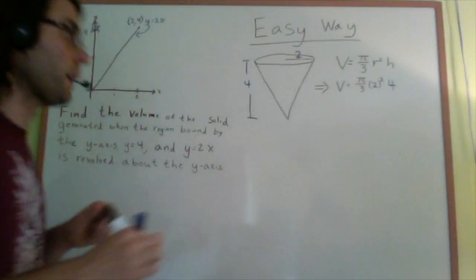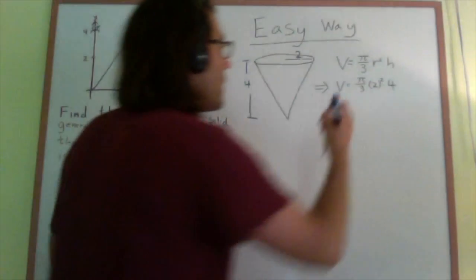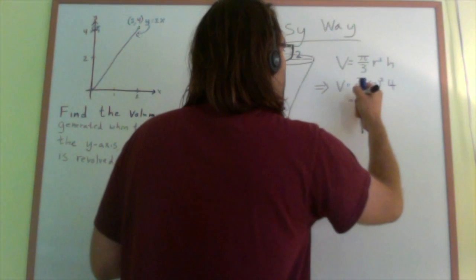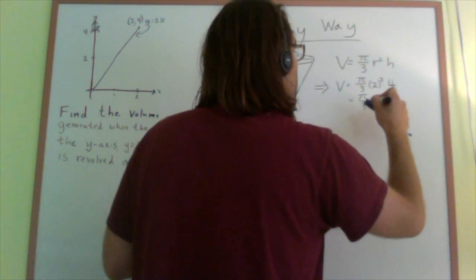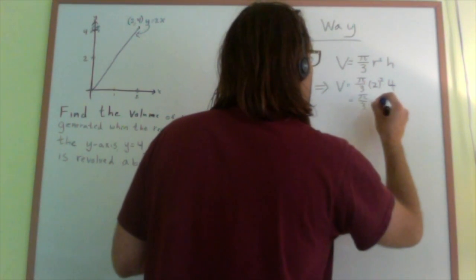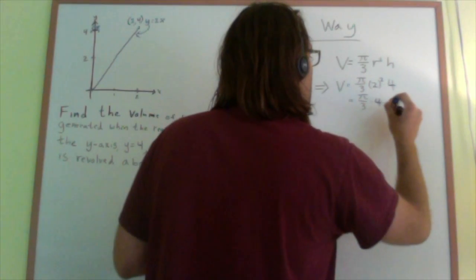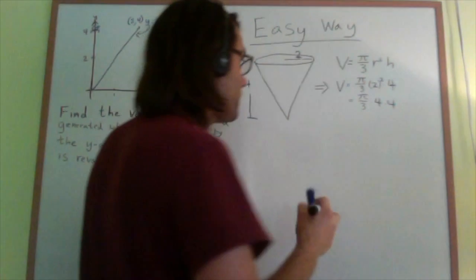Okay, and now pretty easy. This is pi over 3, and then this is going to be 4 times 4, and 4 times 4 is, of course, 16.